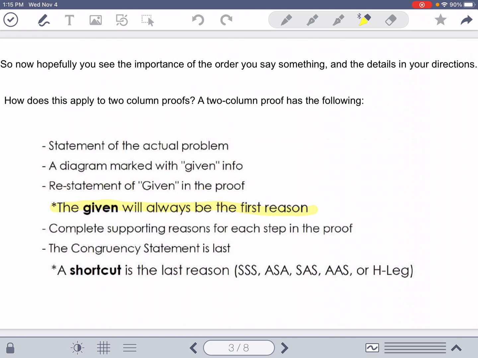You will have complete supporting reasons for each step in the proof. That's like the instructions. The congruency statement will be the last. Those shortcuts that we've learned about is going to be your last reason for your proofs.